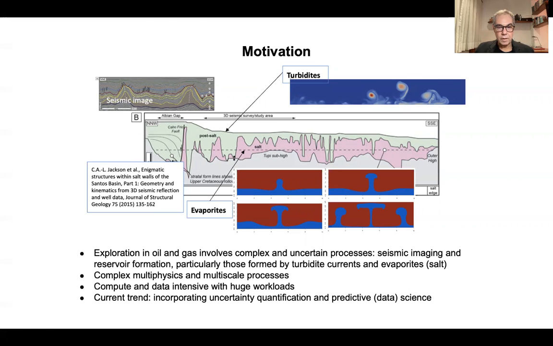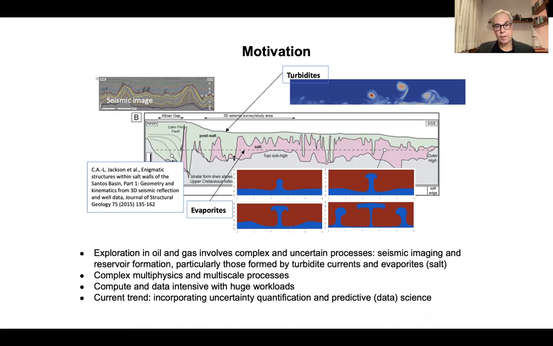You can see here, if you follow my mouse, the pre-salt regions where you can find evaporites, and in the post-salt you can find the turbidites, which are rocks formed by deposition of sediment carrying organic material. You can see this in present-day seismic images. And turbidites are very important in the exploration of oil and gas.